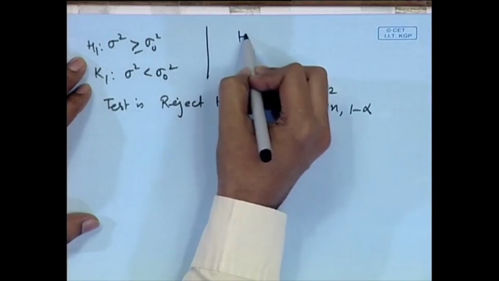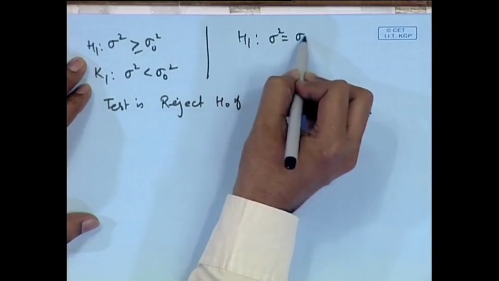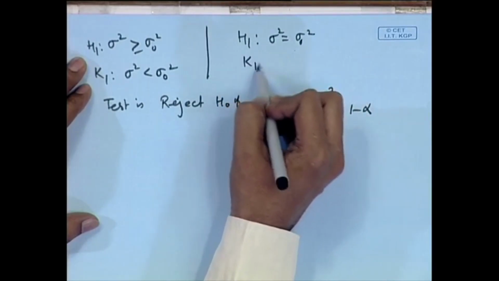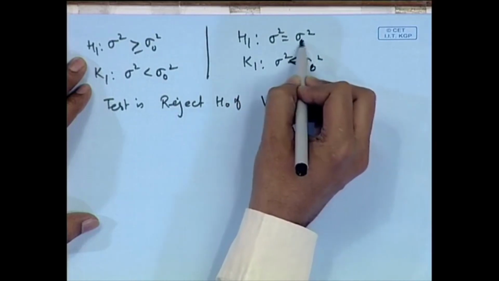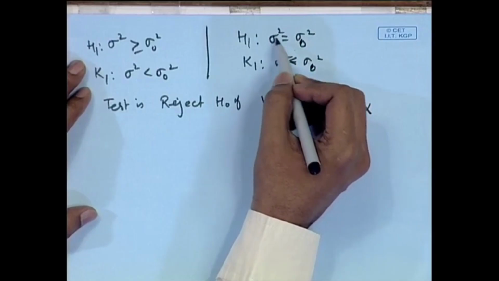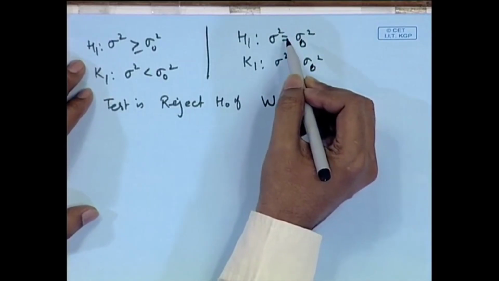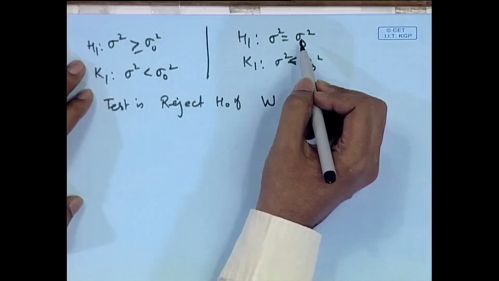The same test will be valid if I use sigma square is equal to sigma naught square against K 1: sigma square is less than sigma naught square, because what we are saying is sigma square is less or more, and therefore, this is going to be useful here.